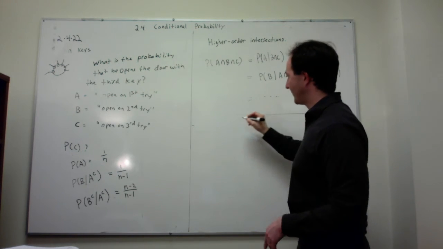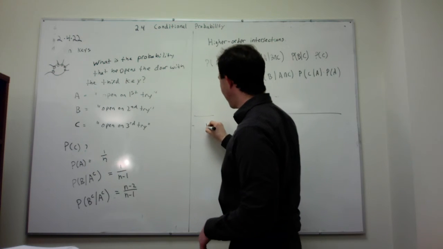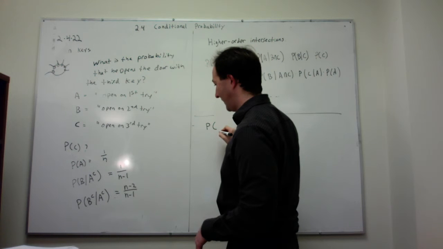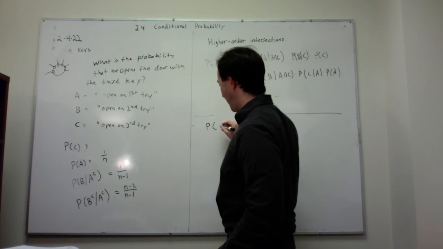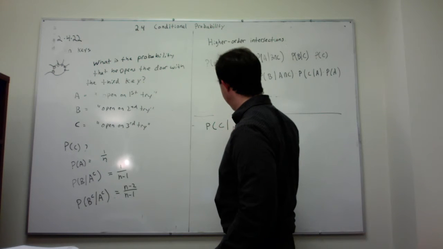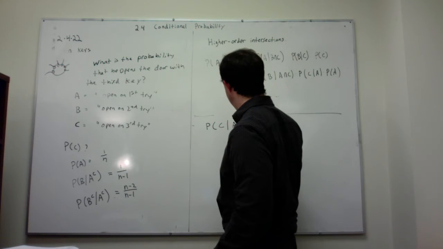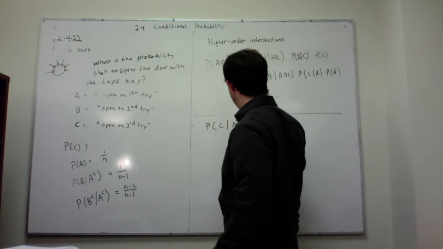I'm going to continue this problem down here just so I don't have to erase this at this point. So now we can ask, what's the probability of C given that A does not happen and B does not happen?